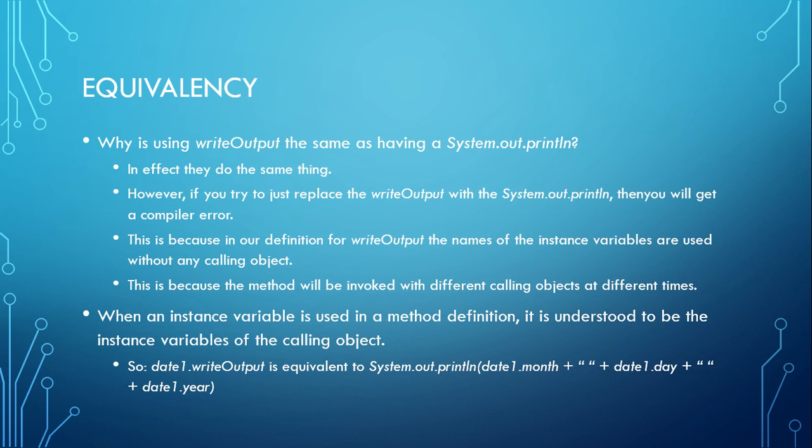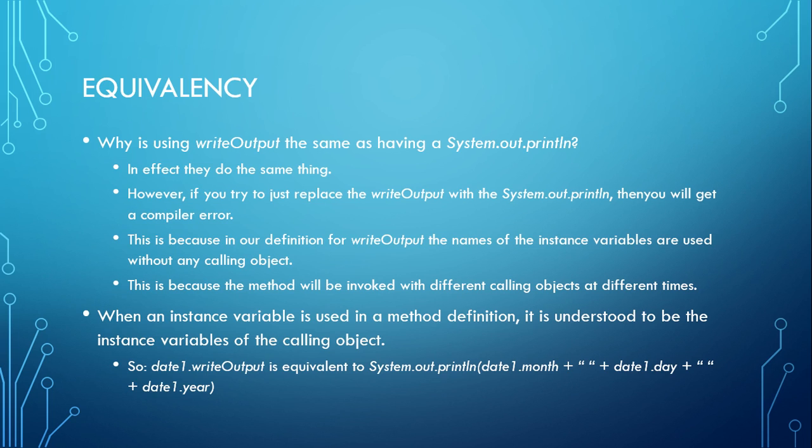Now, when an instance variable is used in a method definition, it is understood to be the instance variable of the calling object. So date1.writeOutput is equivalent to System.out.println date1.month plus date1.day plus date1.year. Look at how much more condensed that code is in terms of what I've written.